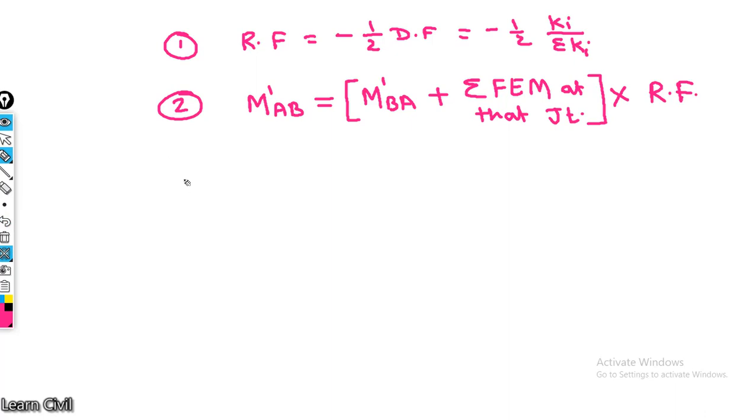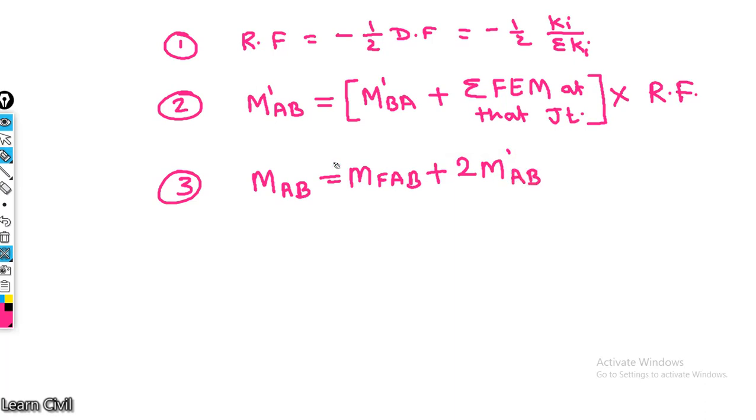And the third equation is to calculate the final end moment MAB. MAB is equal to MFAB plus 2 into the rotation contribution at the near end, that is 2 into M dash AB, which we have calculated in the second equation, plus M dash BA, the rotation contribution at the far end.